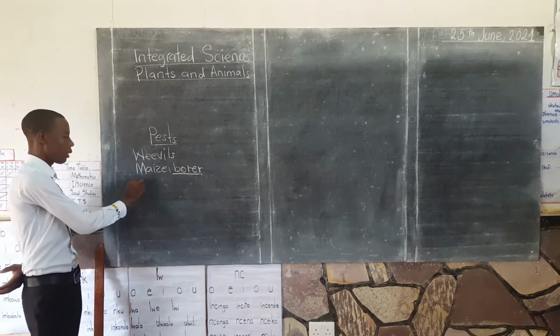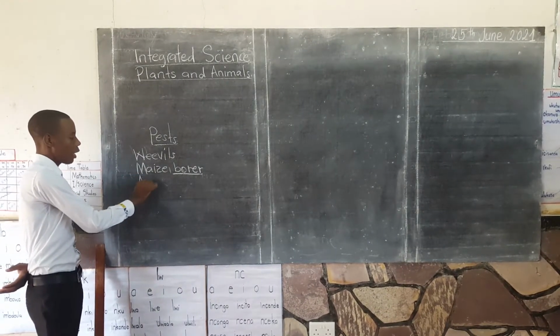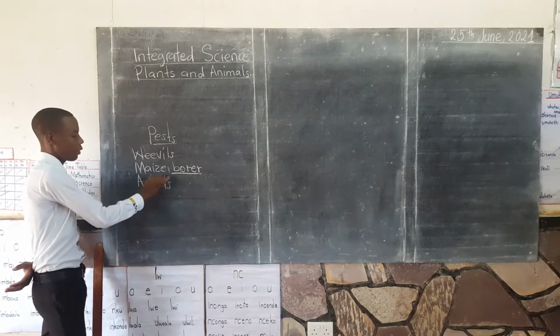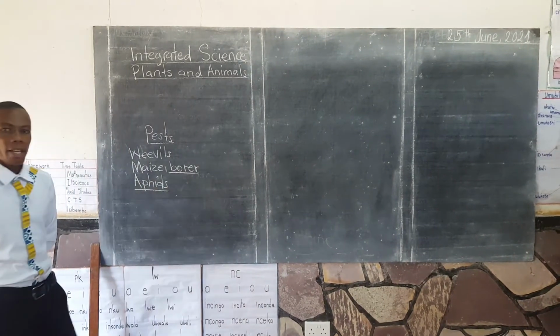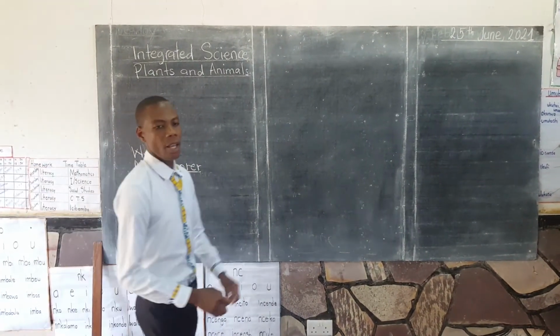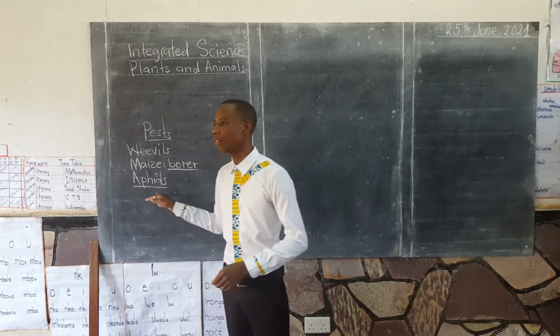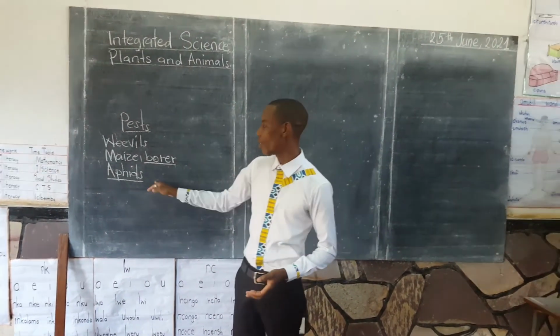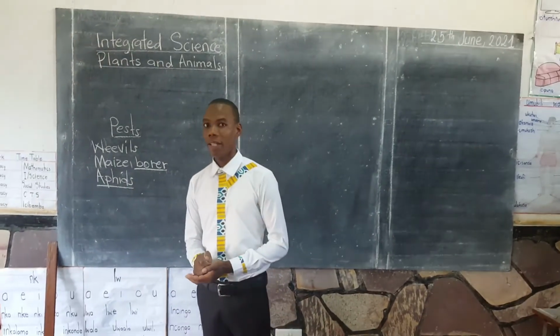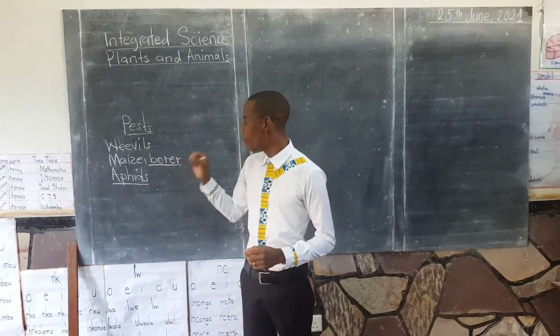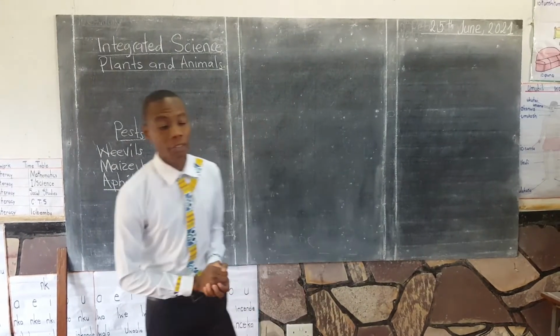Apart from maize borers, we did look at aphids. We said aphids attack leaves of vegetables as well as citrus fruits. How do they do that? They bore or make holes in the fruits.